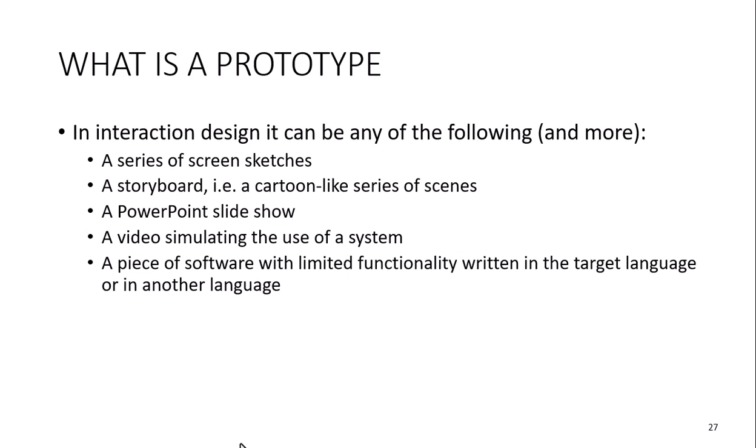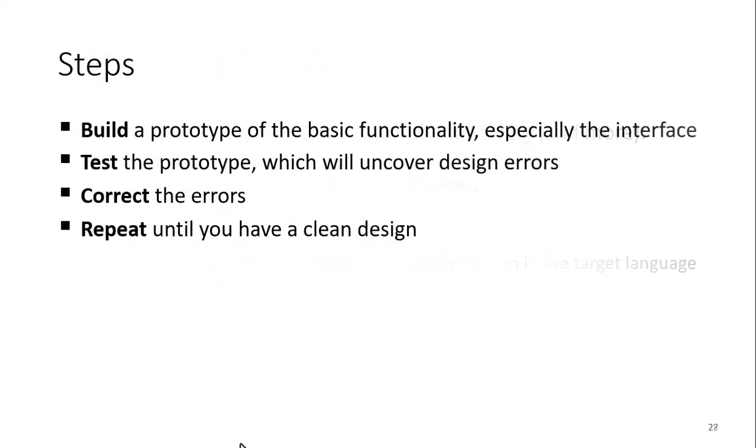And in a dynamic prototype we add the dynamic events. These are the steps. Build step: a prototype of basic functionality, especially the interface, is built. Test the prototype, which will uncover the design errors, correct the errors, repeat.